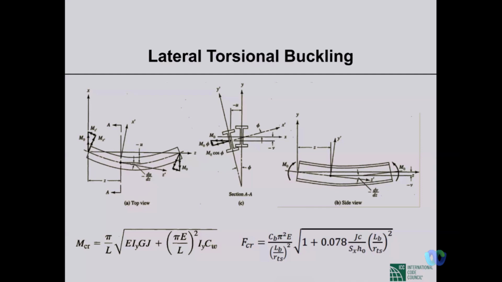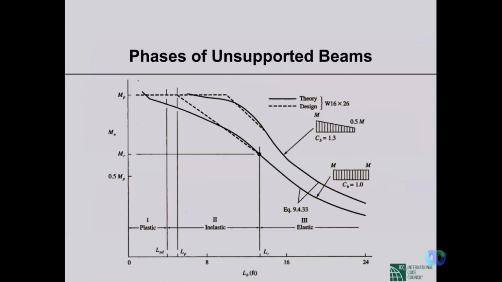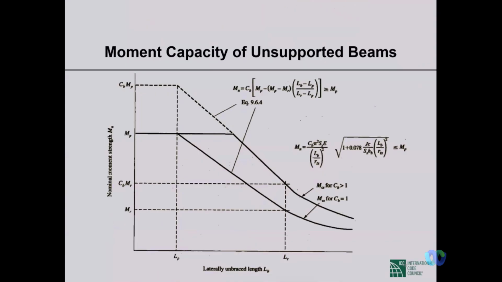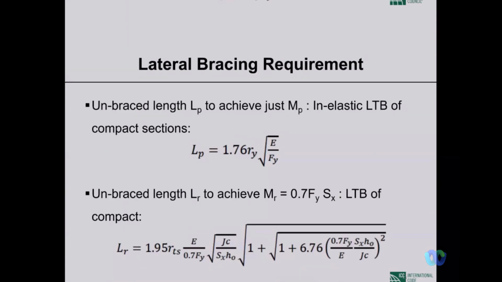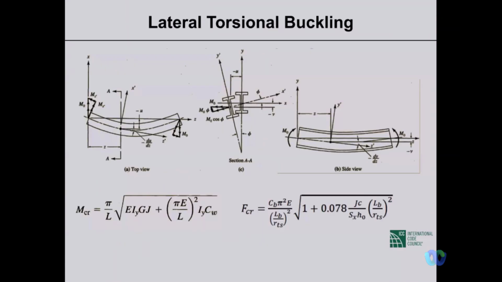A cross section rotates with respect to another cross section. In case of lateral torsional buckling, along the length, there will be bending and lateral torsion together. I think I have another picture for that. I forgot to add. Anyway, tomorrow I'll show the picture for lateral torsional buckling.